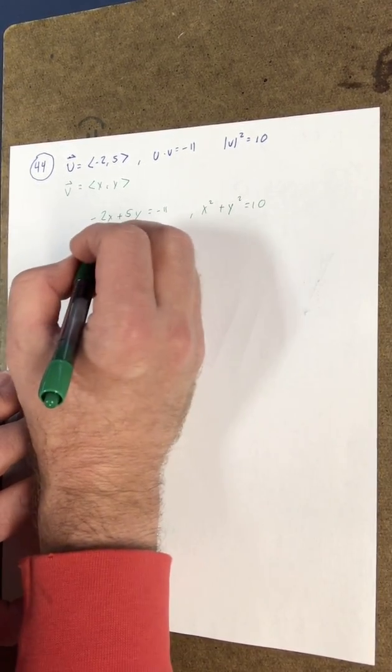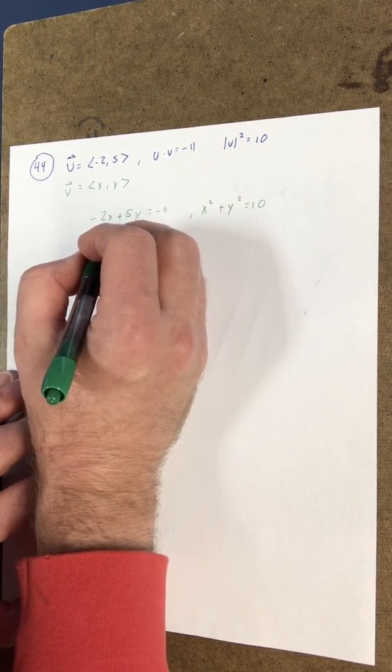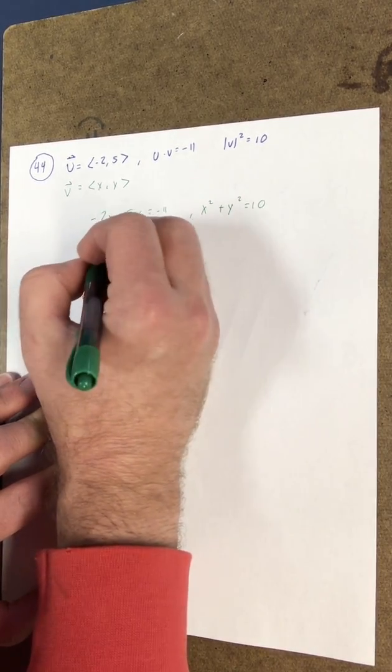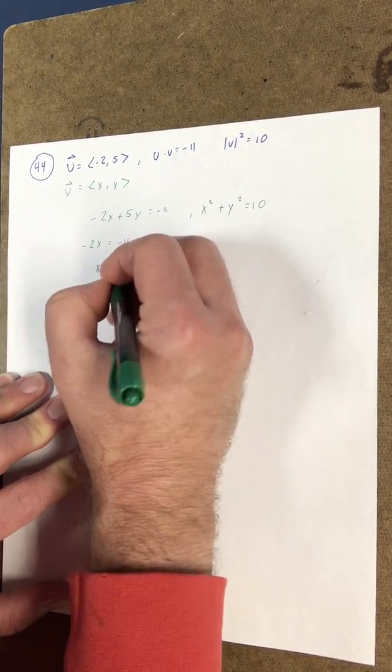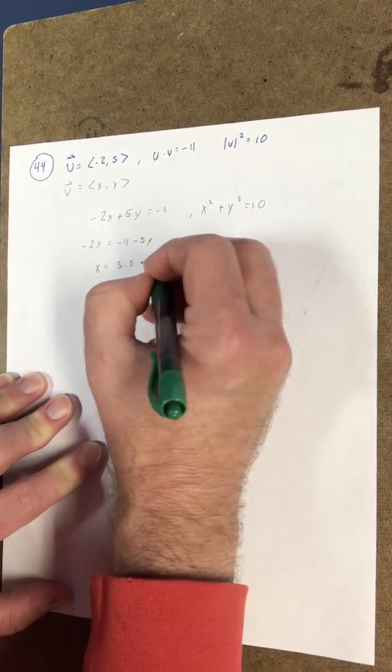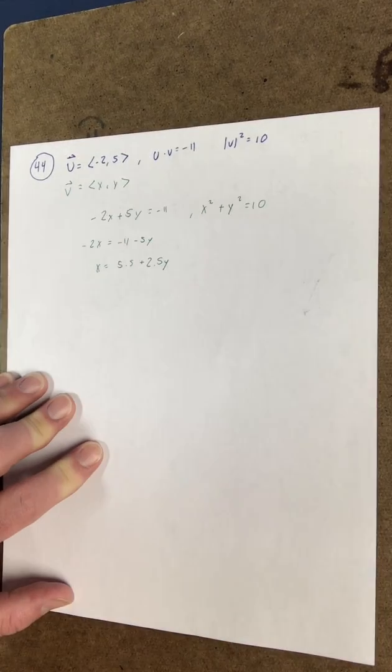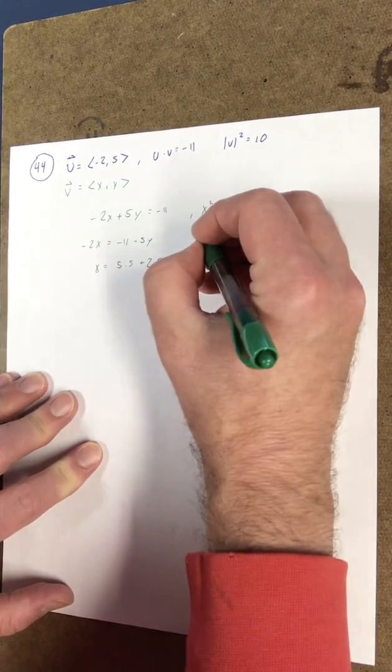So we're going to first isolate, let's say, the x over here. So we get 5.5 plus 2.5y for x. We can substitute it in here.